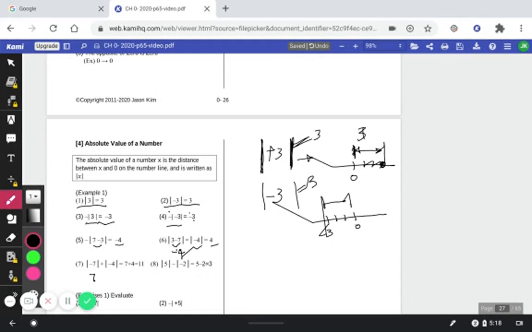So now you have 7 plus 4, which becomes 11. So the final answer is 11. Okay.